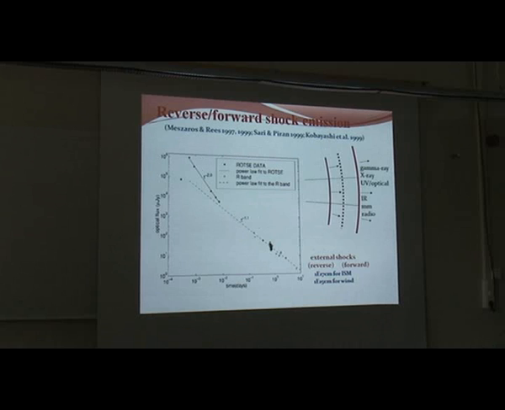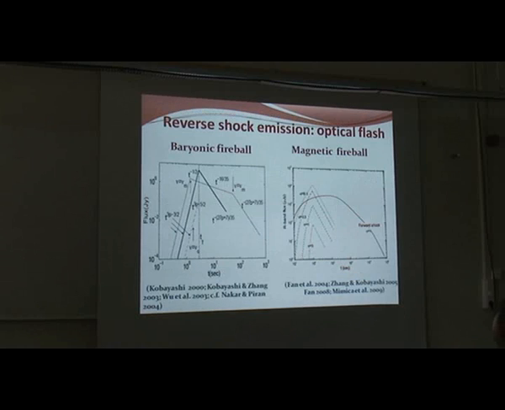So one may expect that shortly after the gamma ray burst, there is a bright optical flash, as detected in this burst. People interpreted this quickly decaying component as the reverse shock emission, and this generally declining component as the forward shock emission.